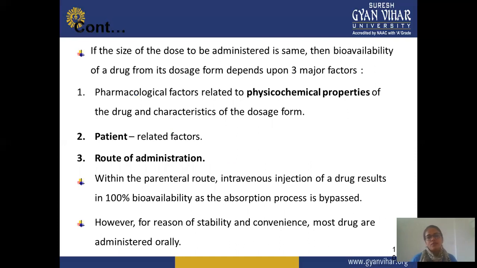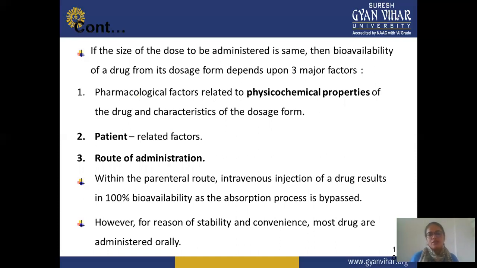Next, if the size of a dose to be administered is the same, then the bioavailability of a drug also depends on three major factors. Means if you are giving the drug by the same dose or by the same route, then it depends on three major parameters. One is the pharmacological factor, related to the physicochemical properties of a drug, the characteristics of the drug.